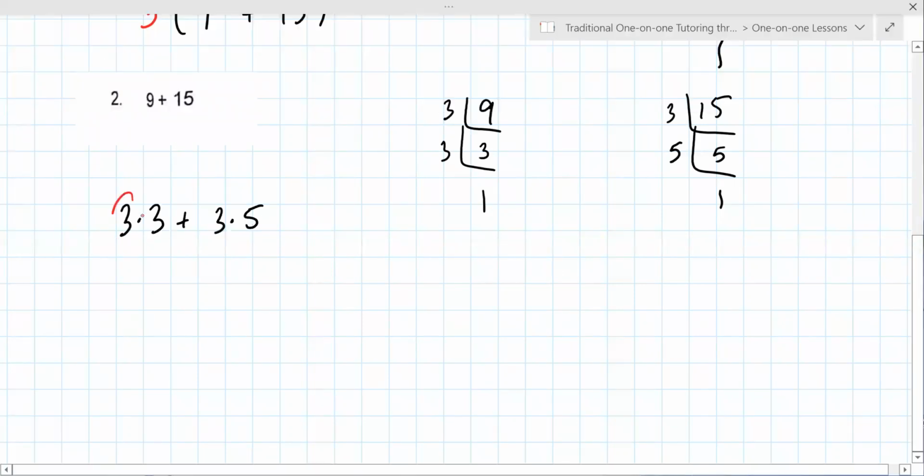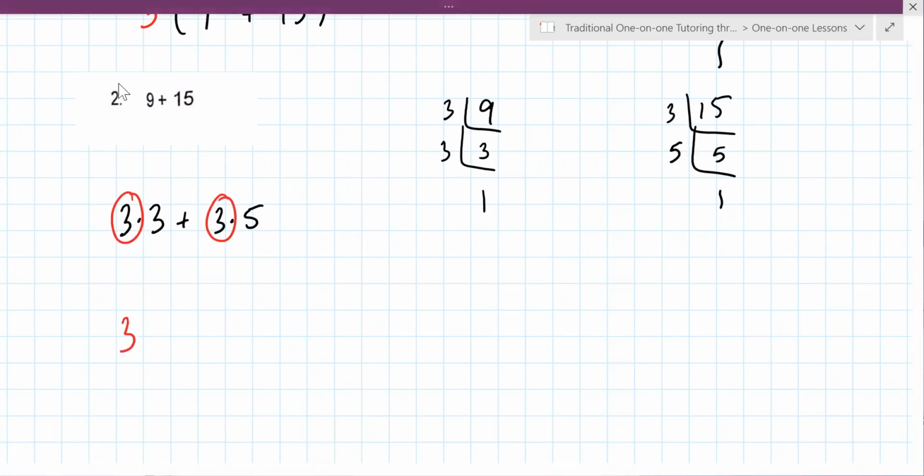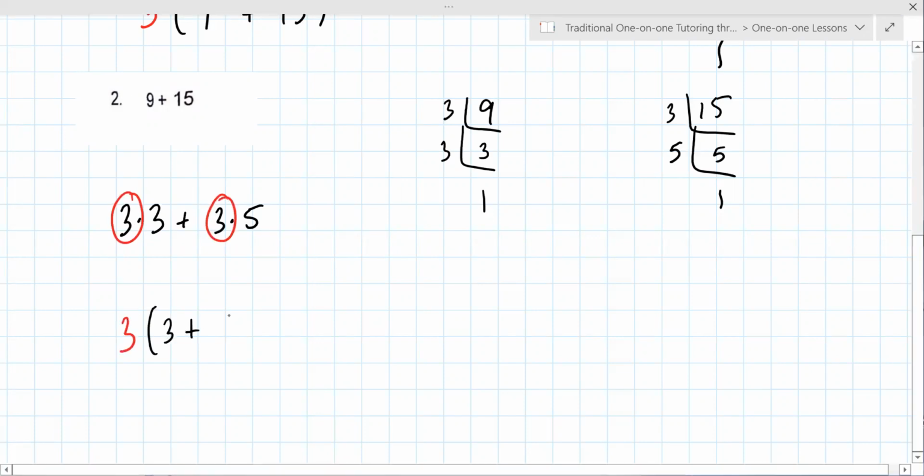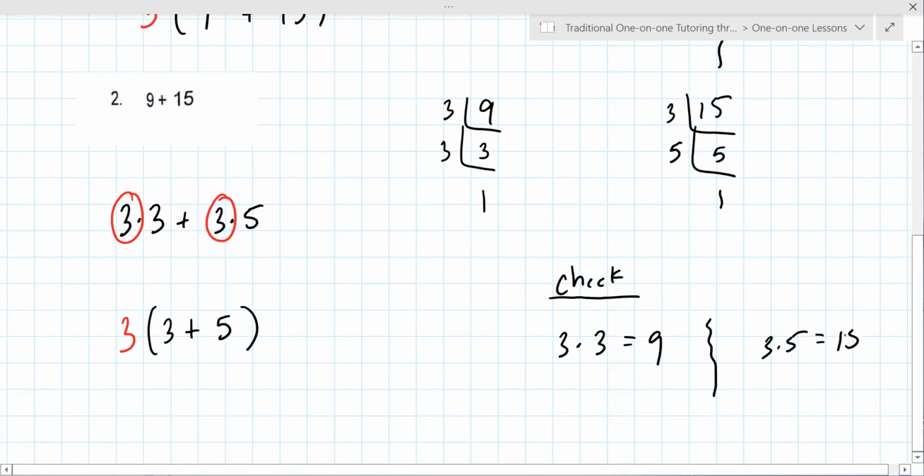So your GCF is again 3. That comes out. Whatever's left over stays inside. And then your check is 3 times 3, 3 times 5. Okay.